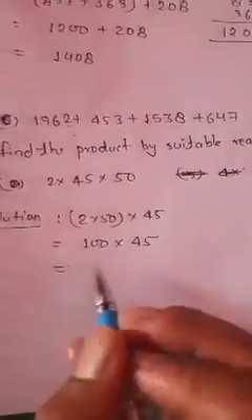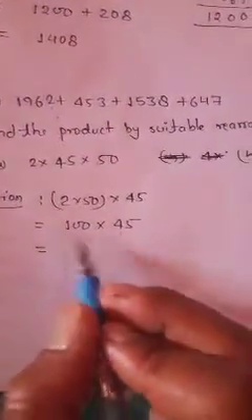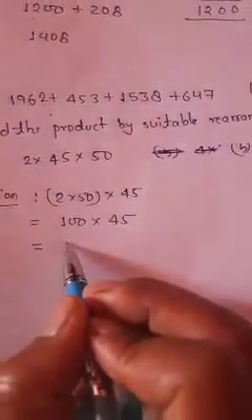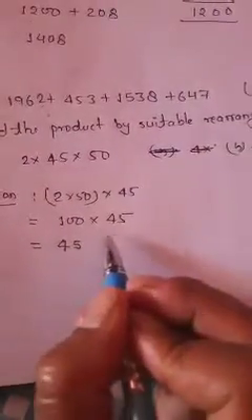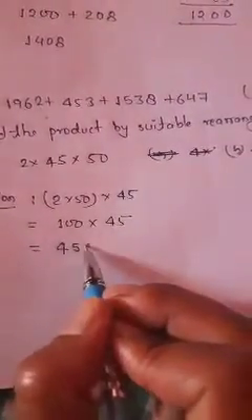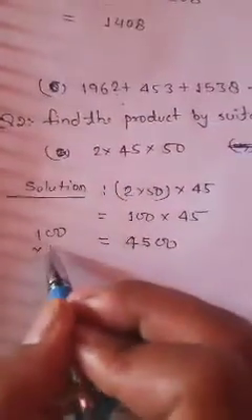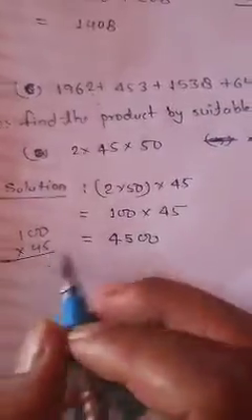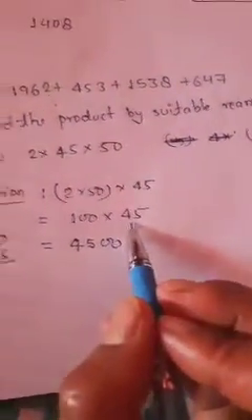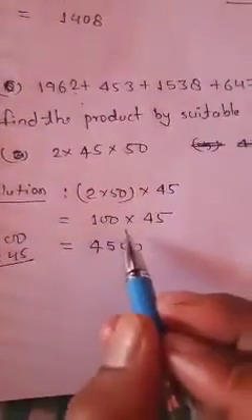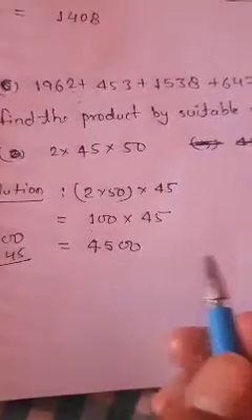Now it has become easy, because 45 ones are 45, and we put the two zeros after it. So you do not have to multiply 100 by 45 in the long way; you directly multiply 45 and 1 and put these two zeros at the end of the product.